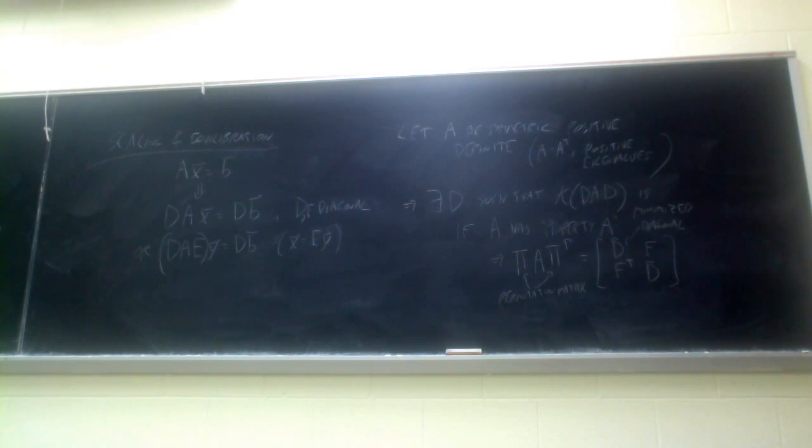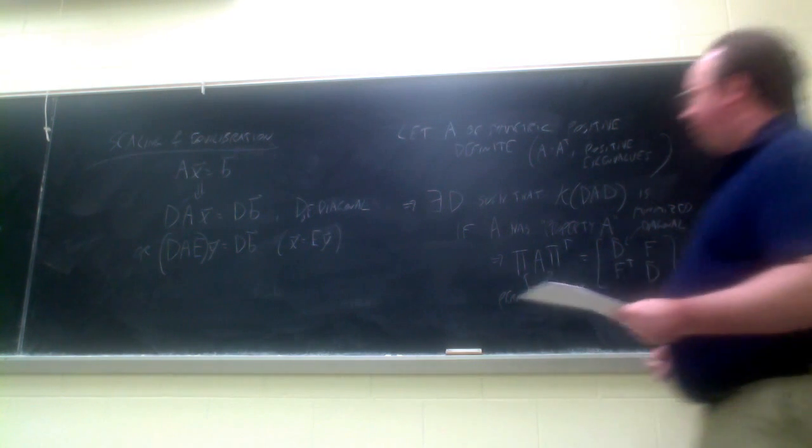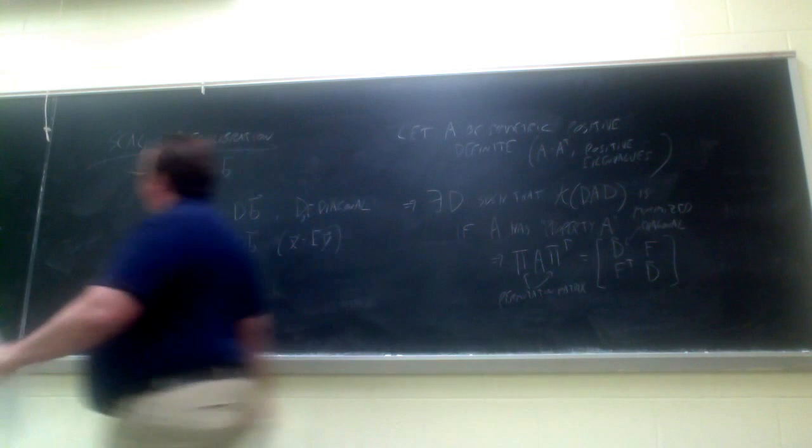This kind of matrix does come up in certain applications, like solving differential equations using finite differences, so it's not some esoteric class of matrices. Now, F is not diagonal. F can be anything.